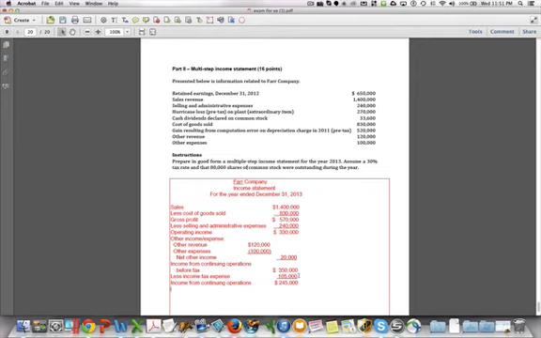So we say less extraordinary loss from hurricane, net of, and here we have a 30% tax savings on 270,000.